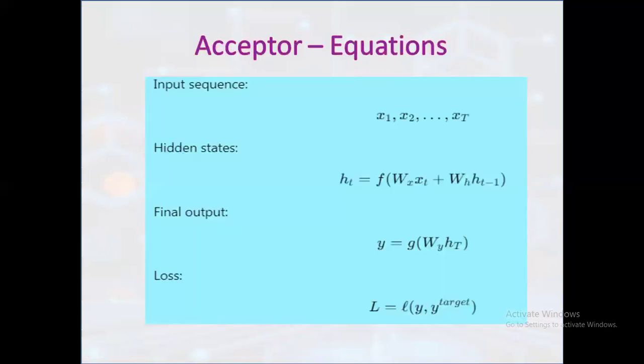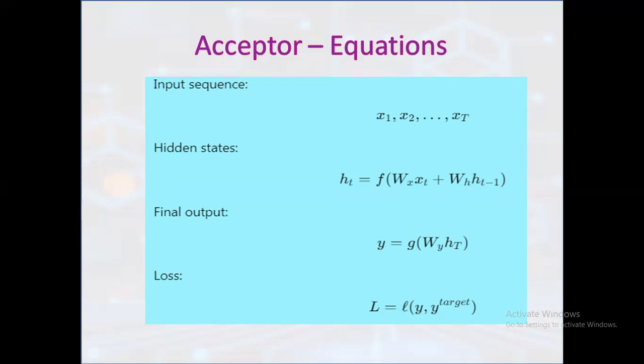The input sequence is represented by x_1, x_2, up to x_T, and the hidden states are given by f of W_x x_t plus W_h h_{t-1}, where the temporal order is important for correct interpretation.